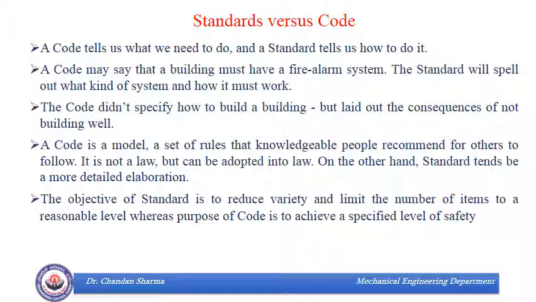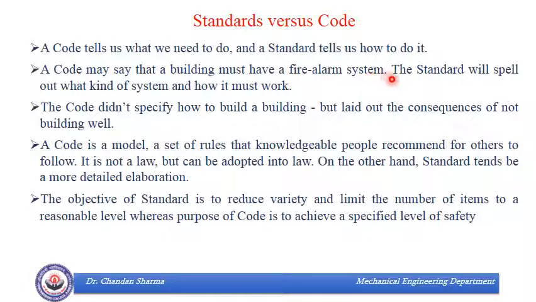There is one more thing that is known as code. So let us try to understand the difference between standard and code. A code tells us what we need to do, and the standard tells us how to do it. Further, a code may say that a building must have a fire alarm system.